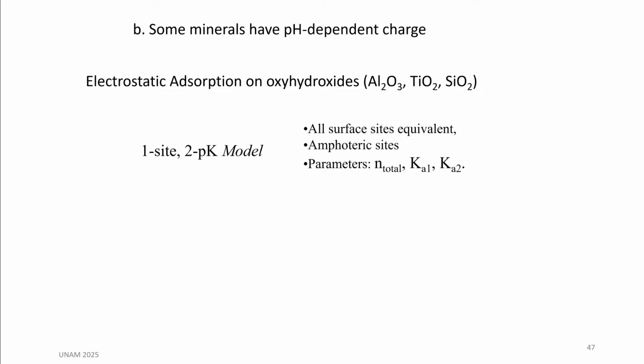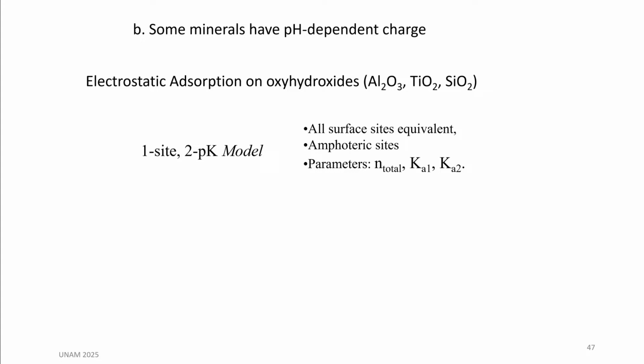What happens is that the charge is due to acid-base reactions. You simply have some surface groups that are either acidic or basic, or both at the same time. Actually, the simplest and best known model for the origin of surface charge is the one-site 2pK model.